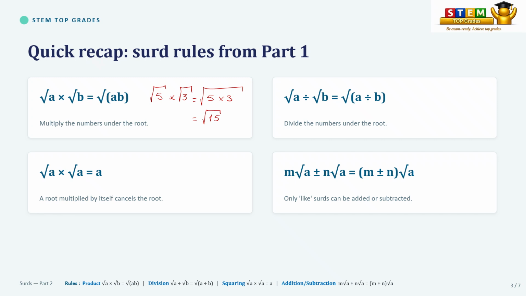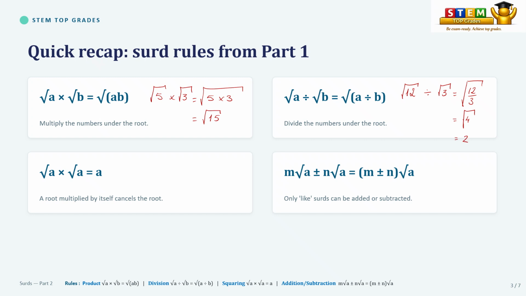Division of surds. If you have root 12 divided by root 3, we can combine these two as a division of 2 surds, so that gives you 12 over 3 under the square root, and that gives me square root of 4 and eventually 2.